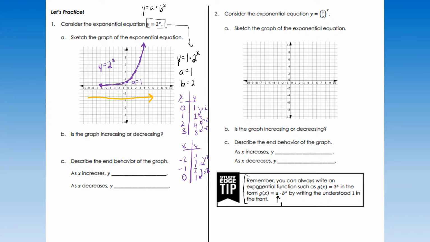Okay. All of these points, as we move from left to right, they're getting bigger and bigger and bigger and bigger and bigger and bigger. Right, so is the graph increasing or decreasing? In this particular case, this graph is increasing as we go from left to right. The y values, the graph is getting larger.